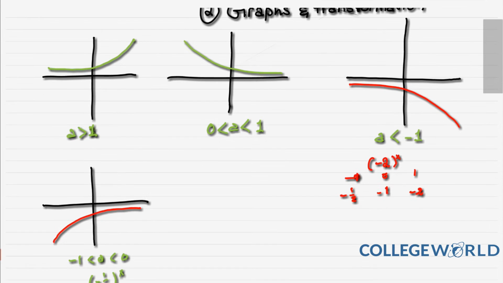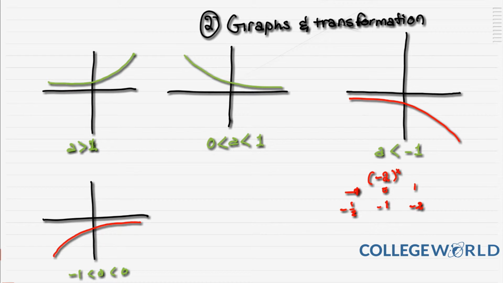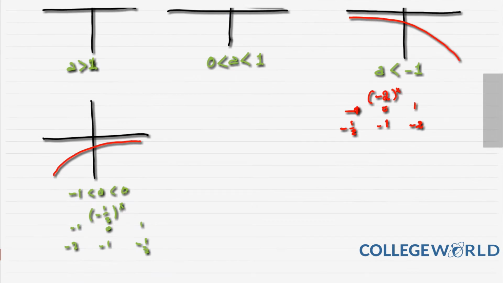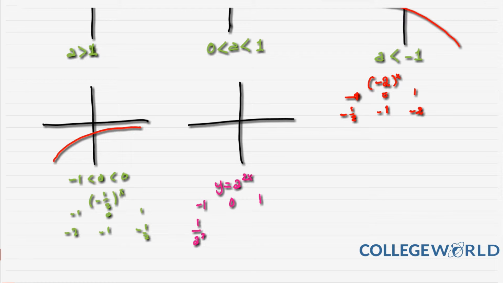Now, normal transformations where you do shifts and stretches of x and y are just, as I said, normal transformations. Just for the sake of an example, if we know that this is a to the power x, what would we do if we have y equals a to the power 2x instead? If you have x as -1, 0, or 1, then you're going to be talking about 1 over a squared, here again 1, and here a squared.